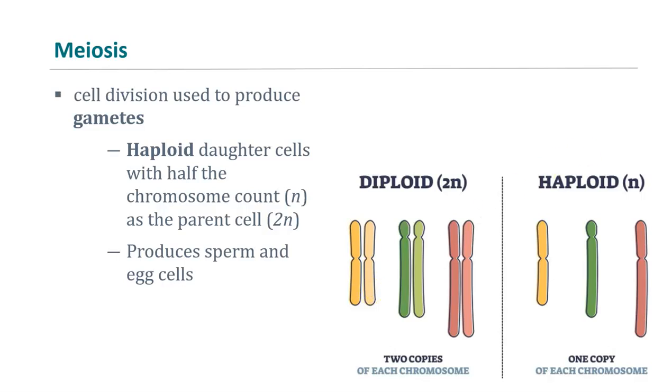So in this image here, we can say this chromosome was inherited from mom, and this chromosome was inherited from dad. They're the same size, and this waistline here is where the centromere is. It's in the same position, and they contain the same genes. Same thing over here. This one was inherited from mom. This one was inherited from dad.